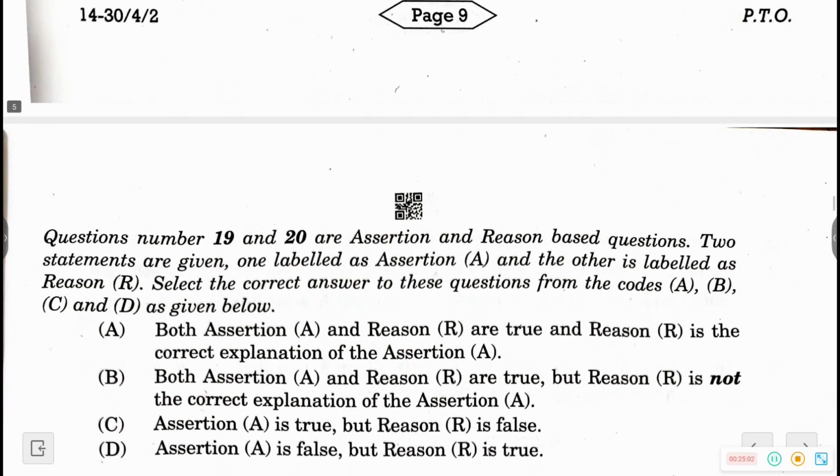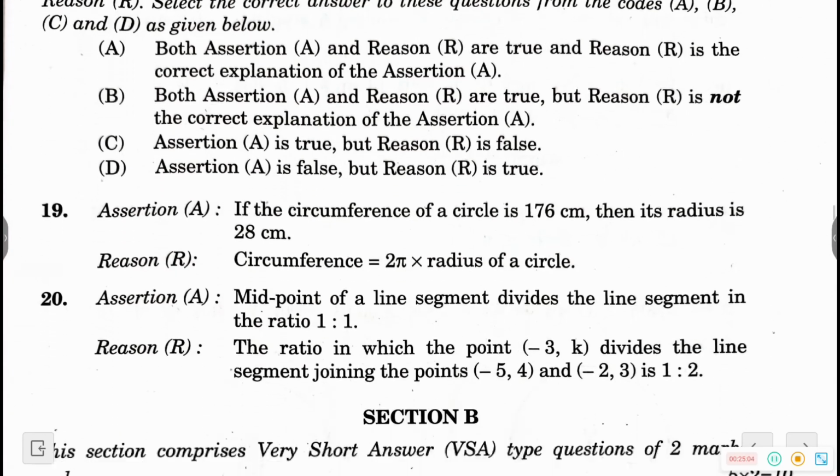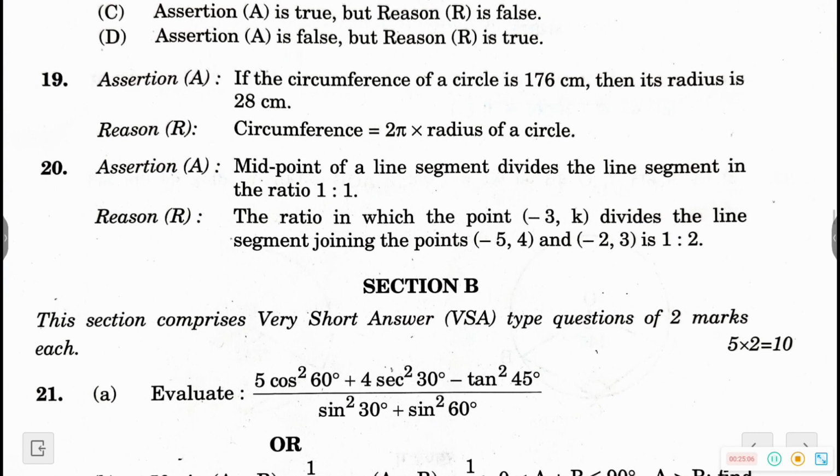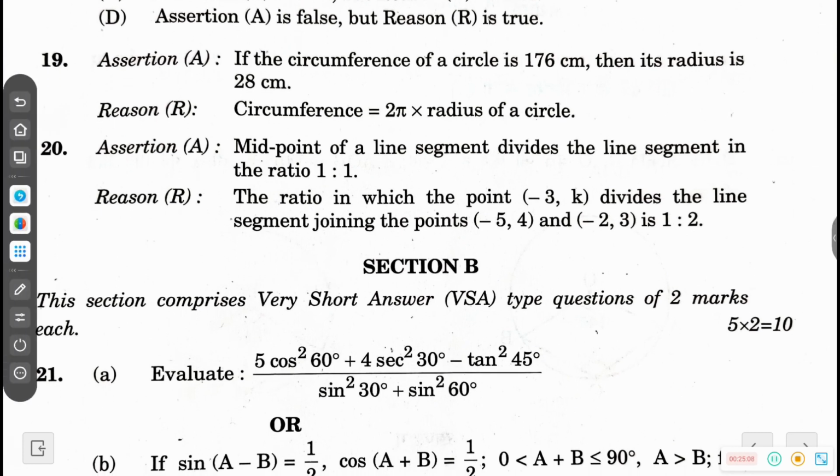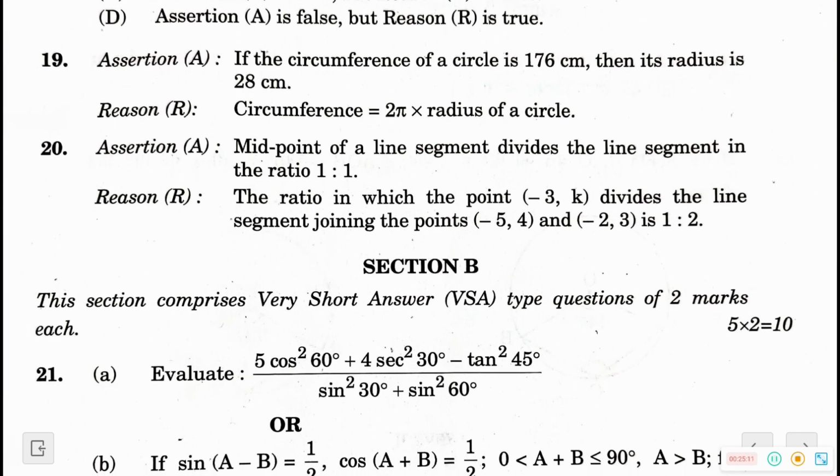Question number 19. Assertion and reasoning. Question number 19 is already in set 1, we have done. In set 1 we got it as: circumference is given. Circumference of a circle is 2 pi r. 2 pi r is given as 176.